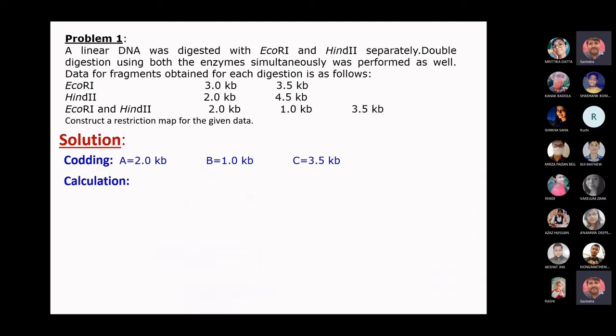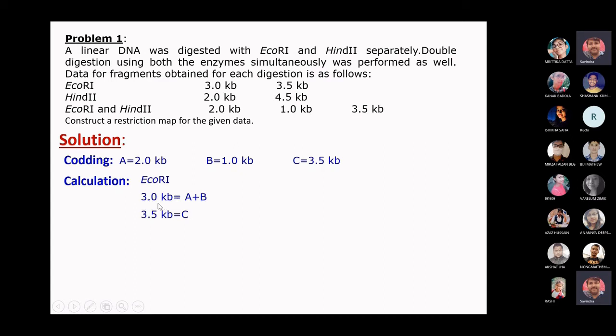Then we have to calculate, and this is one of the most important parts of the entire exercise. First, you will write the fragments after single digestion. By using EcoR1 you got two fragments, 3 kb and 3.5 kb. Now you have to see which codes, by different permutations and combinations, can make these two fragments.